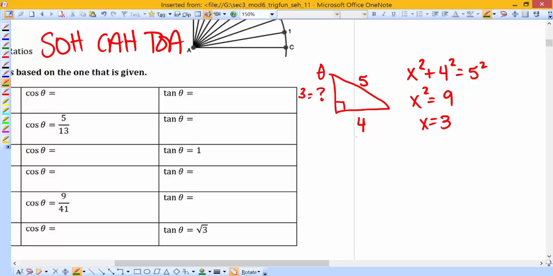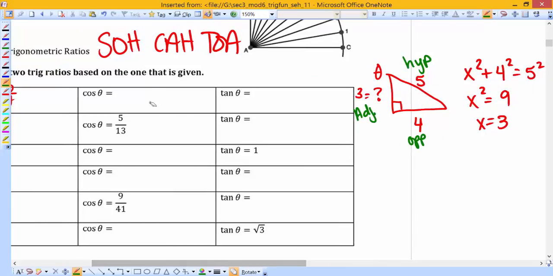So now I know my opposite, I know my hypotenuse, and I know my adjacent, so I can finish filling in the cosine and the tangent. Cosine is adjacent over hypotenuse, so my adjacent is 3, my hypotenuse is 5. Tangent is opposite over adjacent. Opposite is 4, adjacent is 3. So not that bad, but you're going to have to do that multiple times.